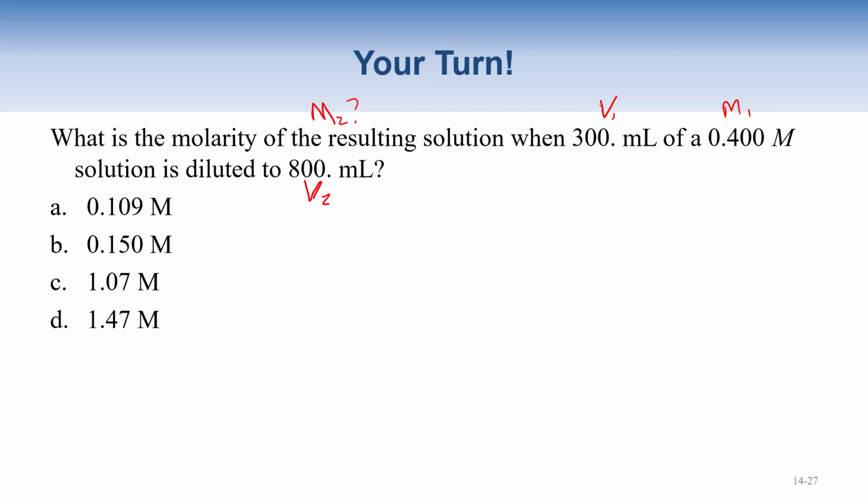So we're going to just do our M1 V1 equals M2 V2. M1 is 0.4. V1 is 300 equals M2, we don't know, and our V2 is 800.